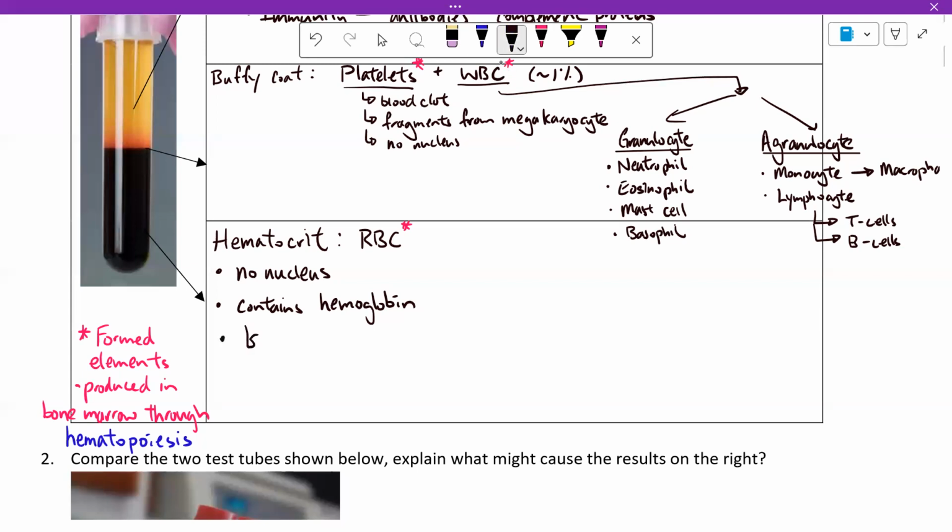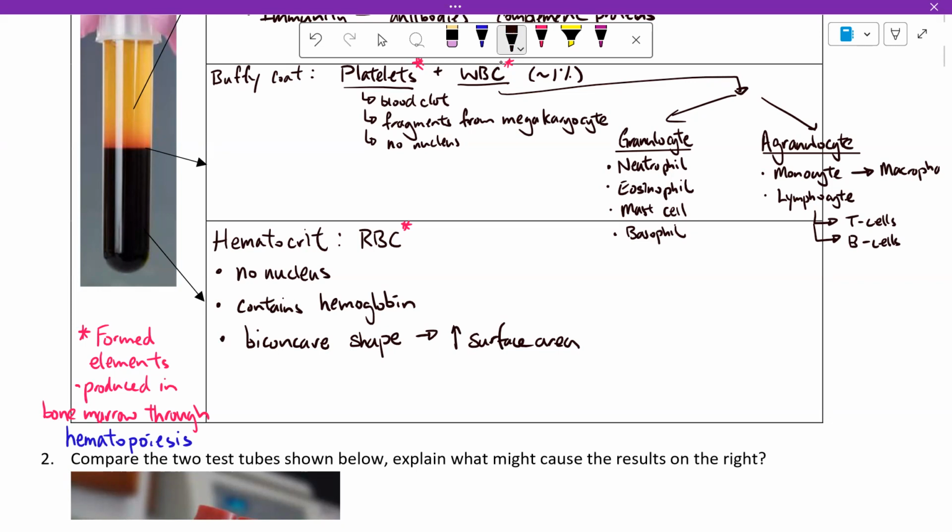They are biconcave shape. Why? Because you need to increase surface area for gas exchange. Do white blood cells have a nucleus? Yes, they do. Only the red cells and the platelets don't have a nucleus.